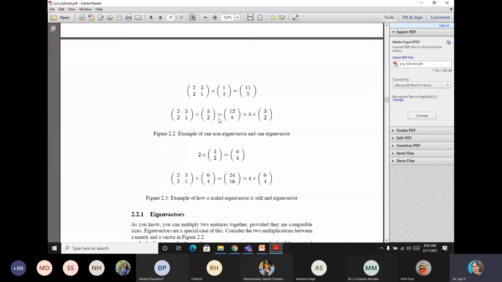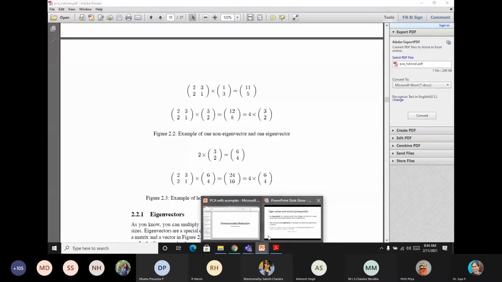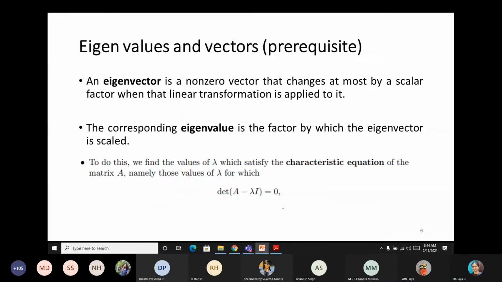So any vector which can be scaled and still be written in the original form, those vectors are called eigenvectors, and this scalar value is an eigenvalue. The eigenvector is non-zero, and sometimes the eigenvalue can be 0, but the vector is non-zero.